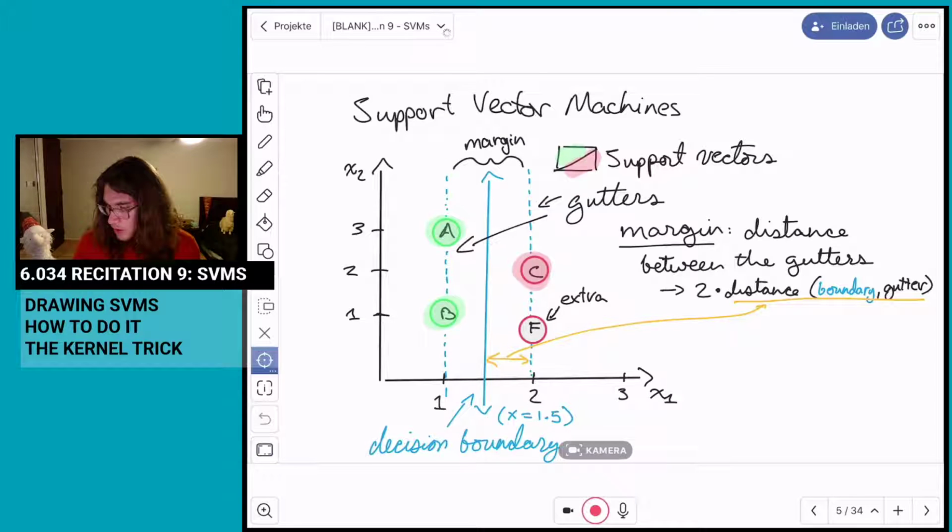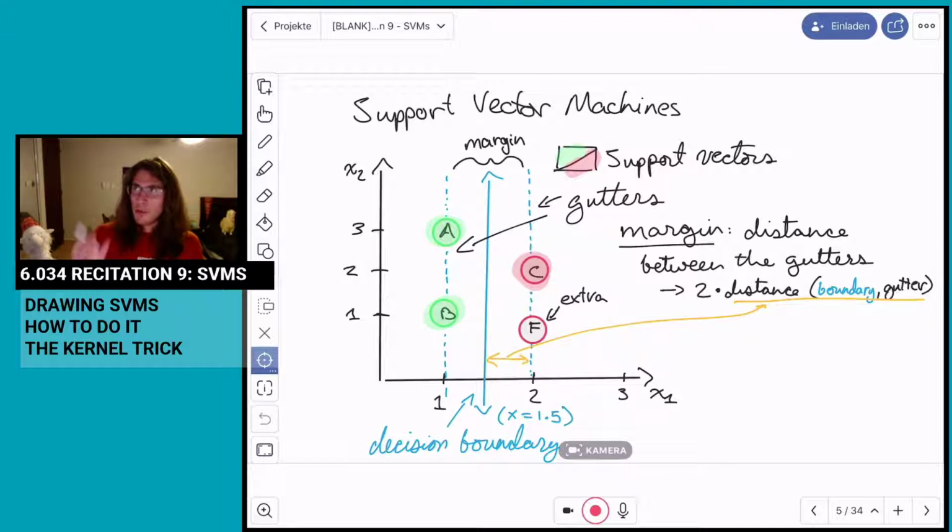Now I need to talk about the margins. I would be writing on the whiteboard all night if I didn't include some of this written down already, so I've pre-filled out some of the information. So I have the gutters now, and I have the decision boundary, and we're going to name this distance from the decision boundary to one of the gutters, because that's what we're trying to maximize.